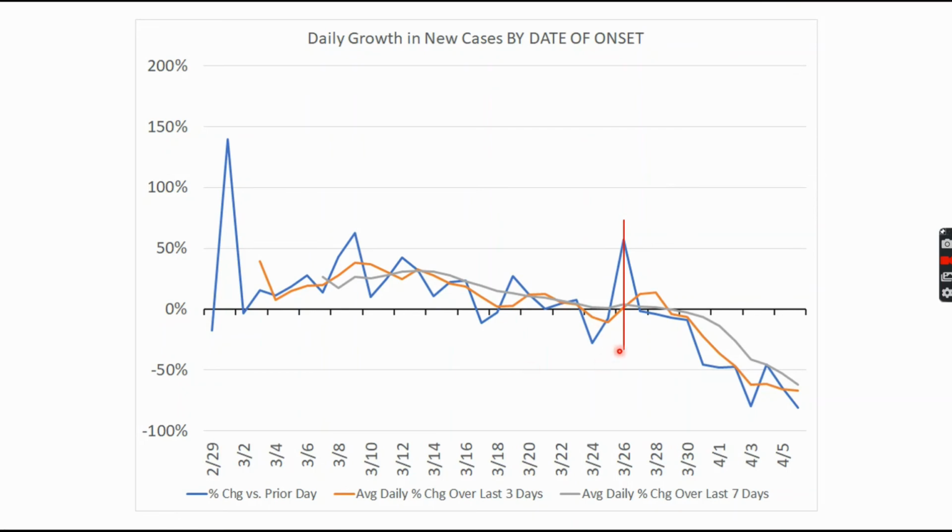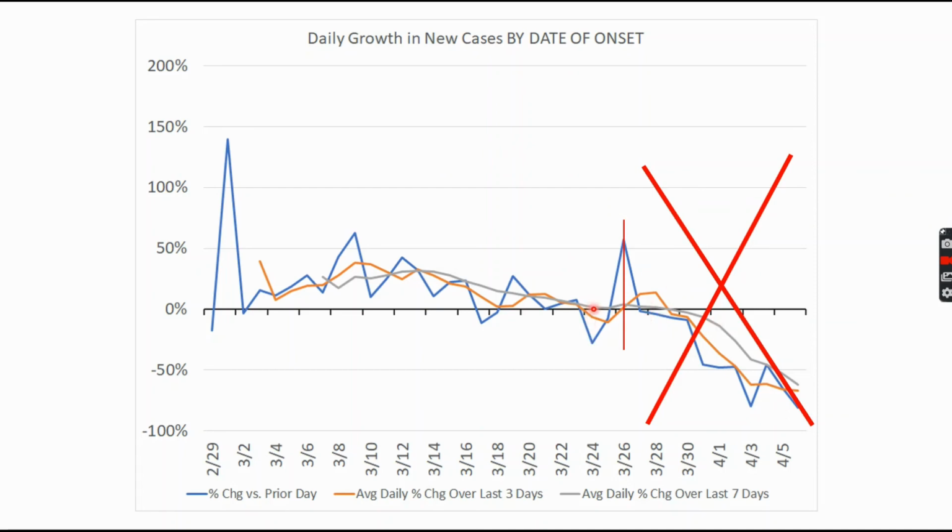And as far as I'm concerned, that's the last reliable date that I would really want anyone to look at for any kind of guidance about where these growth rates are. So I would encourage people not to focus on this side of the chart because there are going to be new cases added in this area, and I just wouldn't want anyone to rely on that.